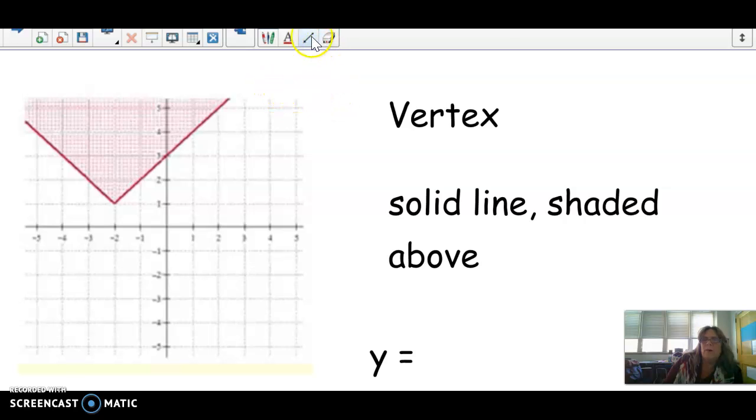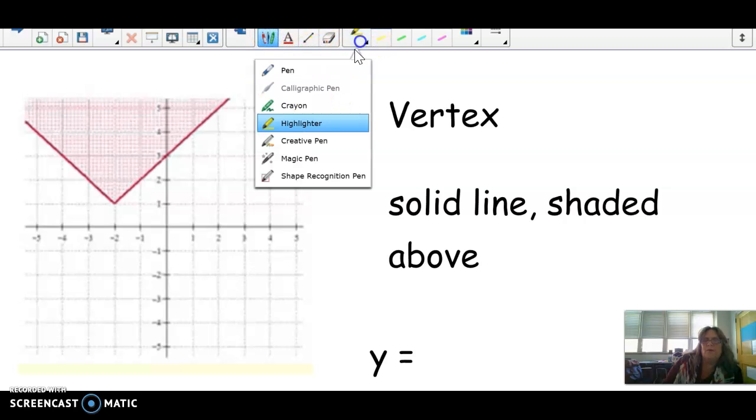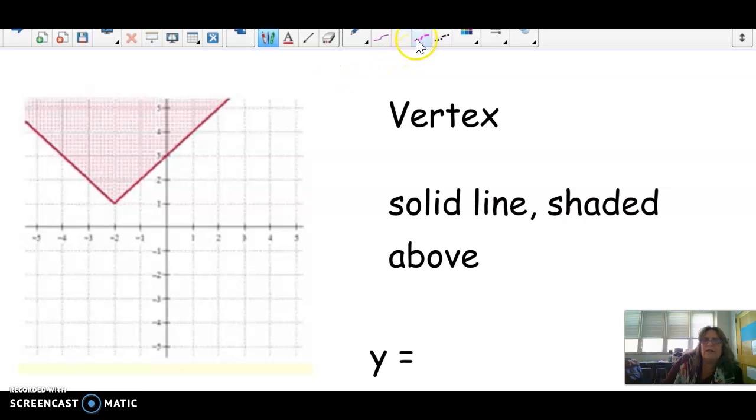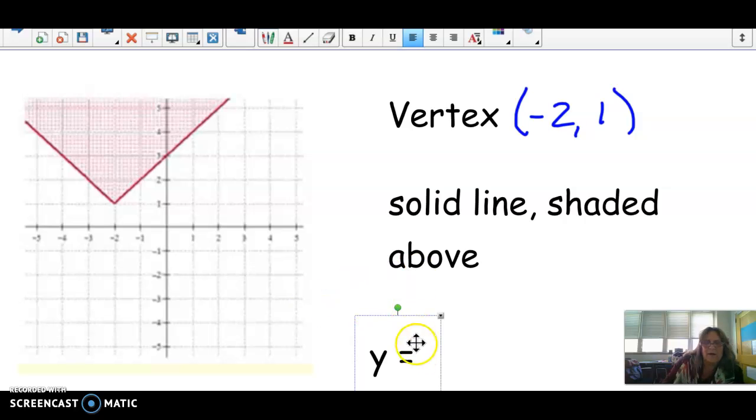Now, the next one, we had the graph drawn for us, and we need to come up with our equation. So I'm looking for my vertex first of all, and my vertex is located here at -2, 1. I notice that it's a solid line, so my inequality sign will have a line underneath it. So I'm going to go back and get rid of that equal sign.